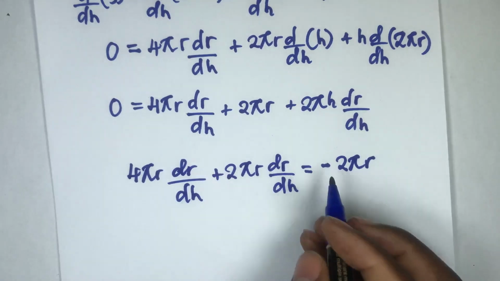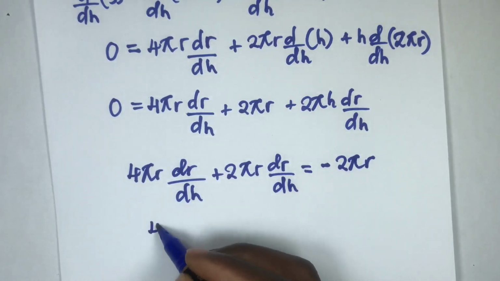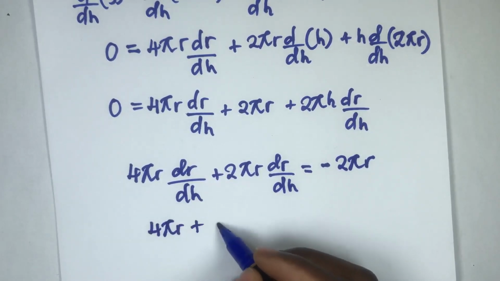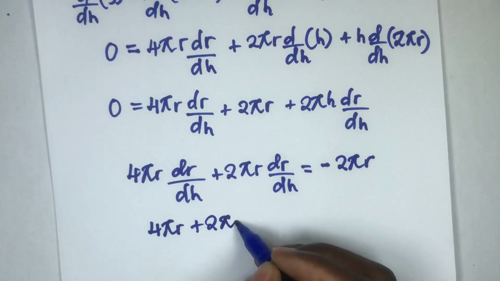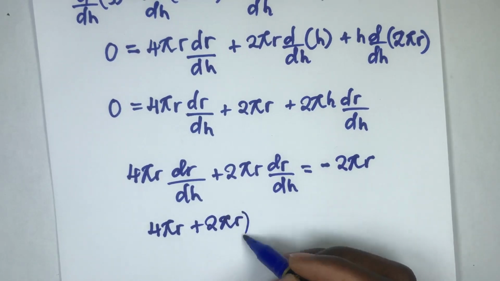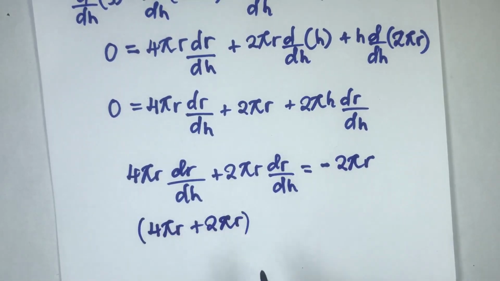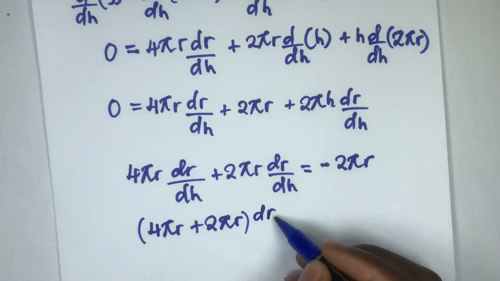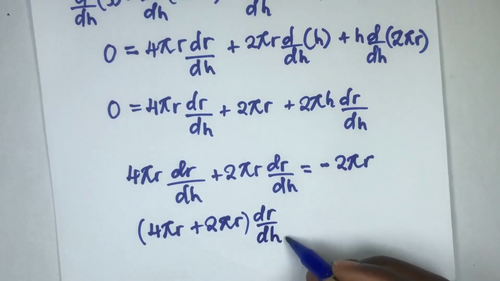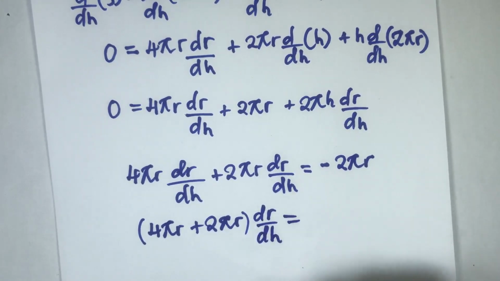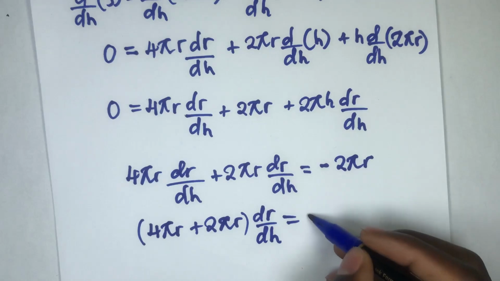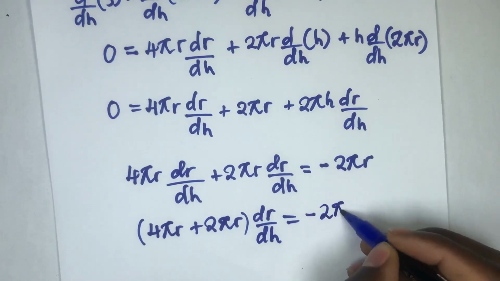So when we factor out the dr dh, we're going to have 4 pi r like this, plus 2 pi r, we close the brackets like that. Then we have dr dh there, equal to negative 2 pi r.